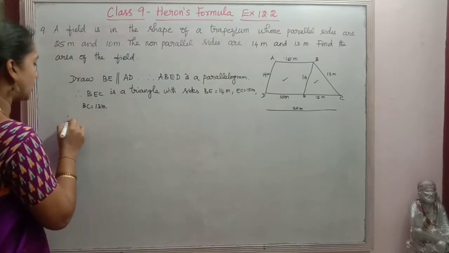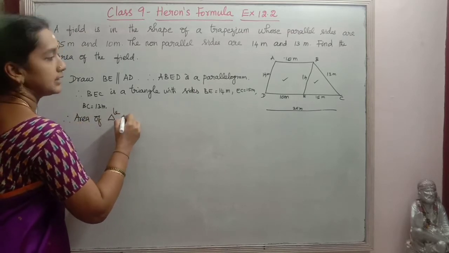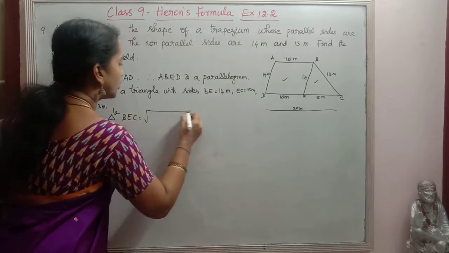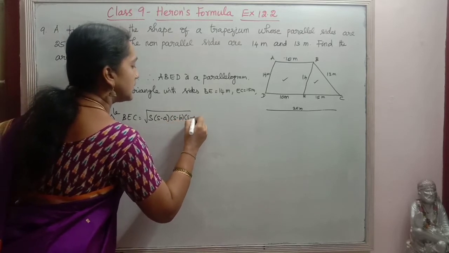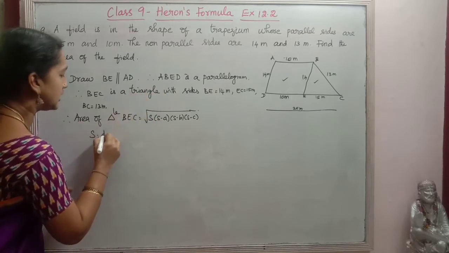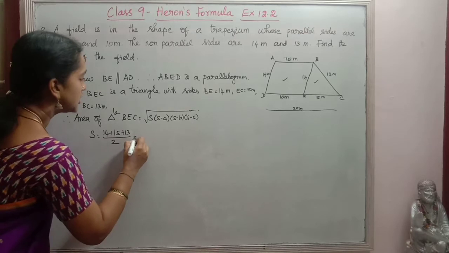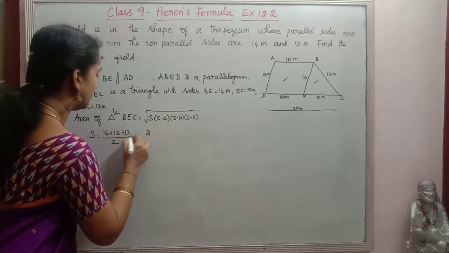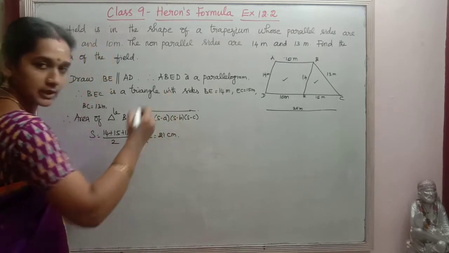So the area of triangle BEC is equal to root of s into s minus a, s minus b, s minus c. We will find s first: s is 14 plus 15 plus 13 by 2, that is 42 by 2, which is equal to 21 meter.